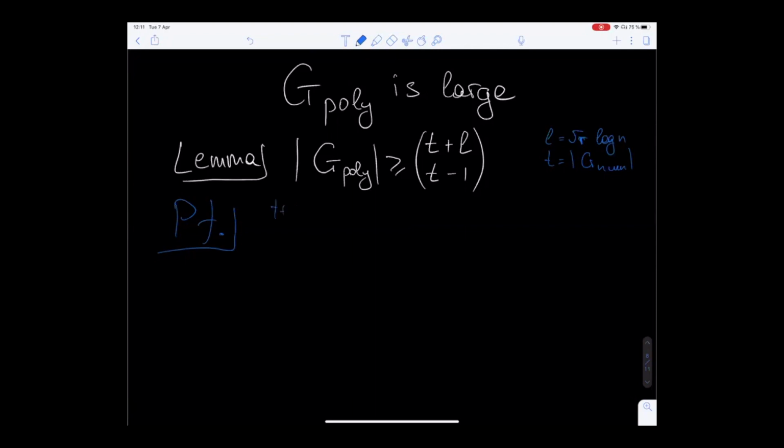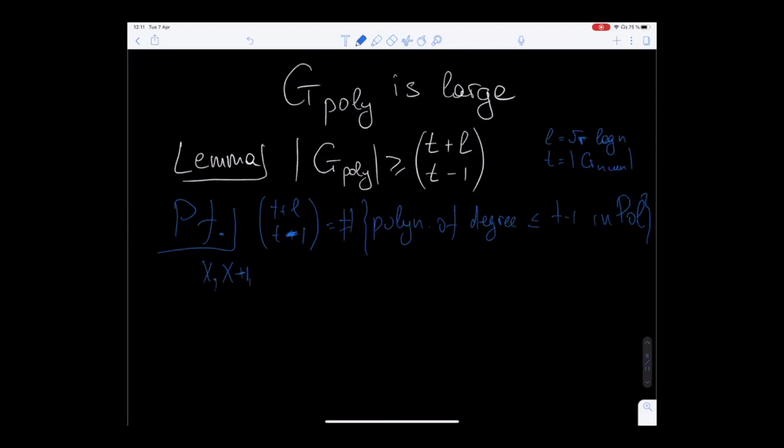So t plus L choose t minus 1 is just the number of polynomials of degree at most t minus 1 in Pol. Because we had these monomials x plus 1, x plus 2, etc., x plus l, and then we raised them to different powers.